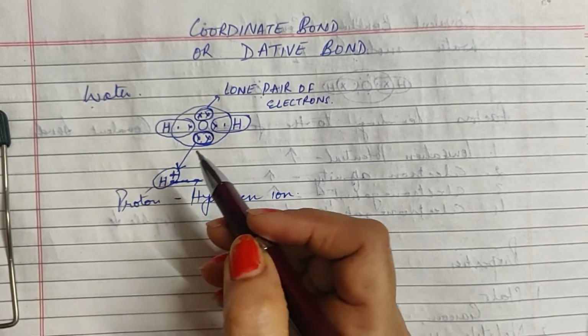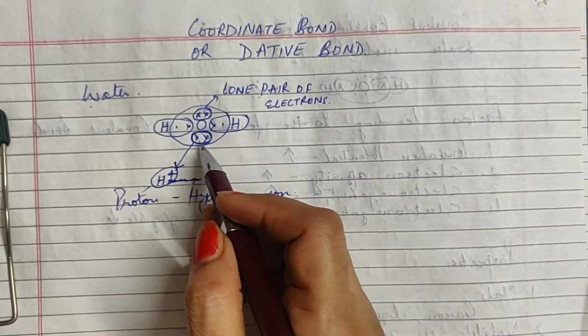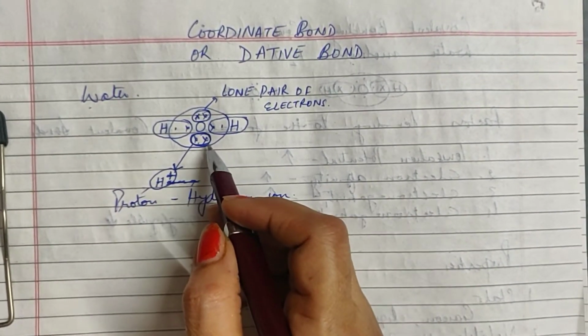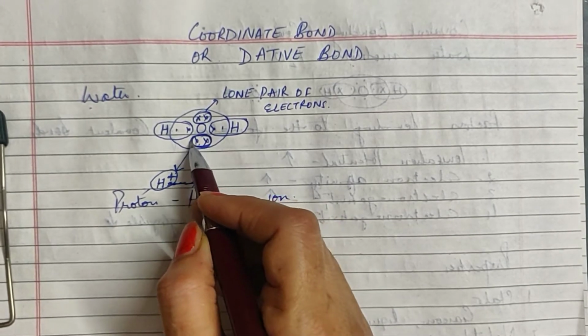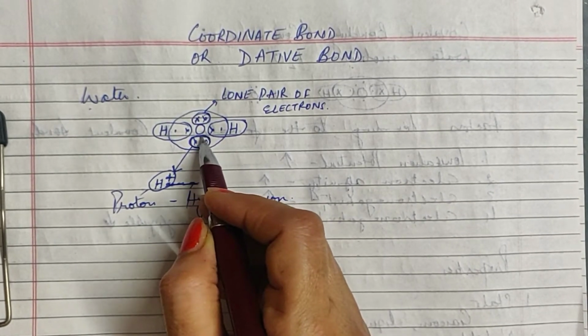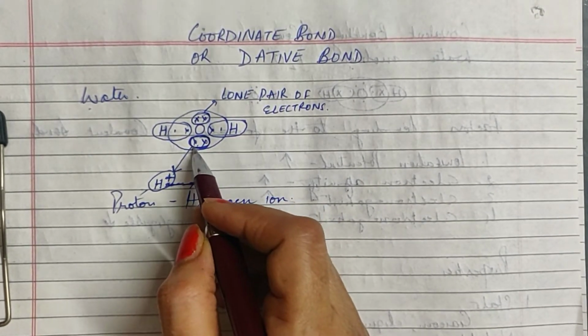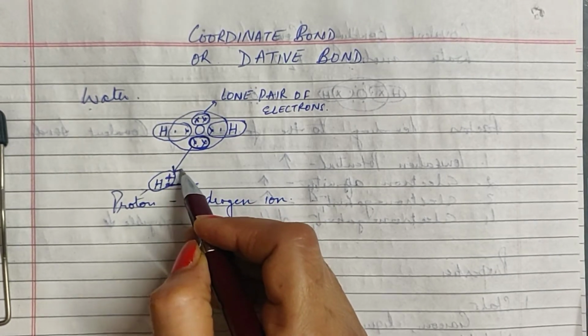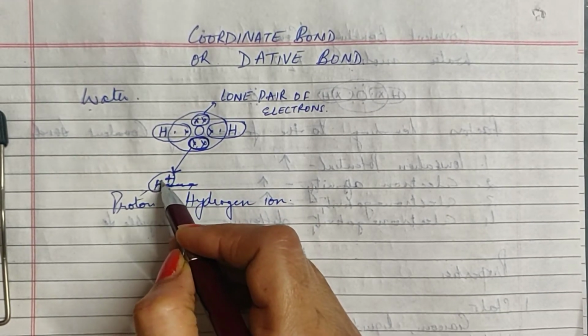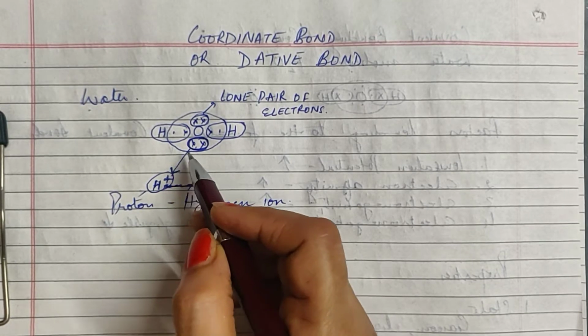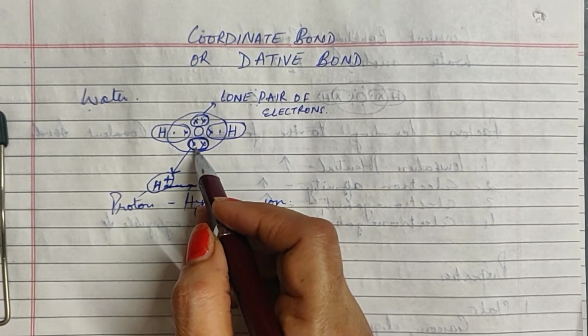Hydrogen actually doesn't even have any electron to share with the water molecule. But the water molecule, without letting these electrons go away from its outermost shell, allows these two electrons to be used by this hydrogen ion also without taking anything in return.